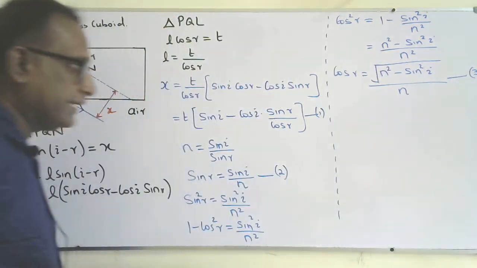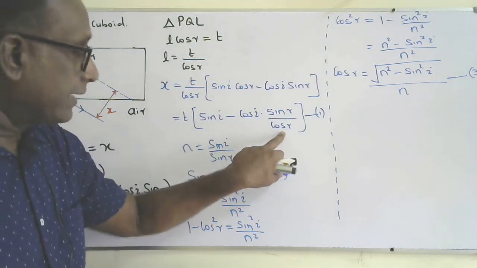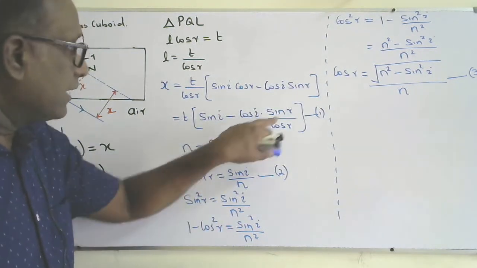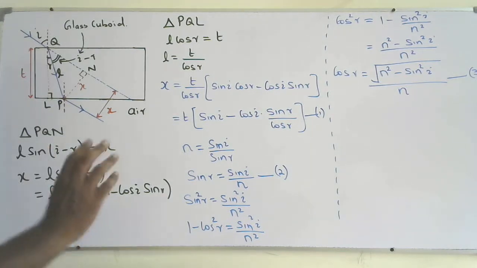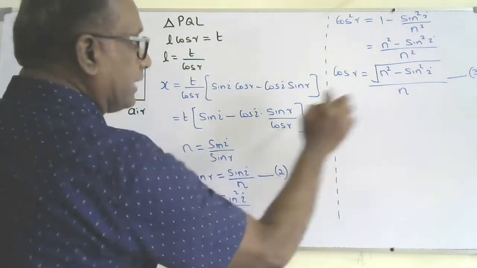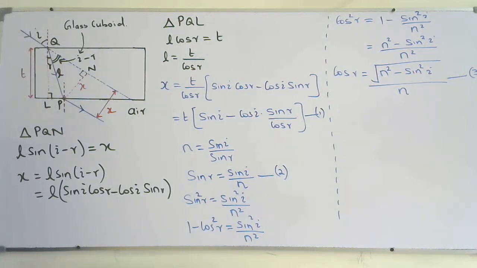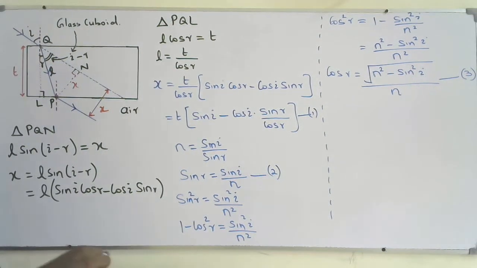Right, now I found everything. I found cos r, I can replace it here. sin r, replace it here. You will get the final answer when you solve it by substituting 2 and 3 in equation 1. Okay, use the equation 1.